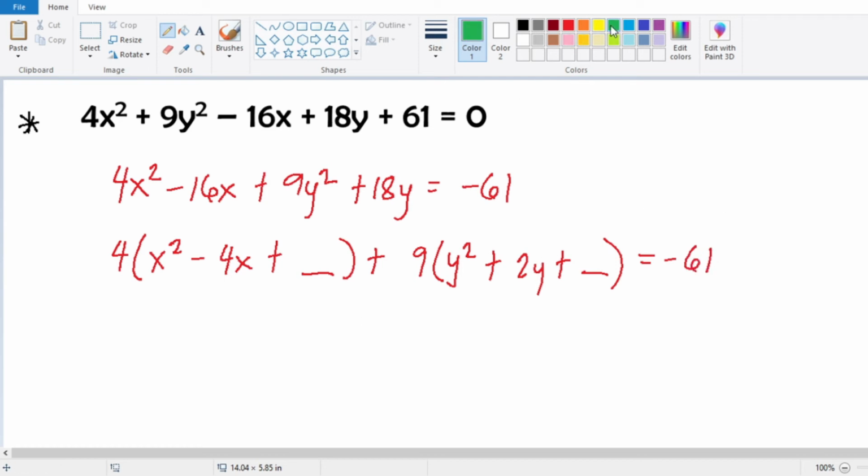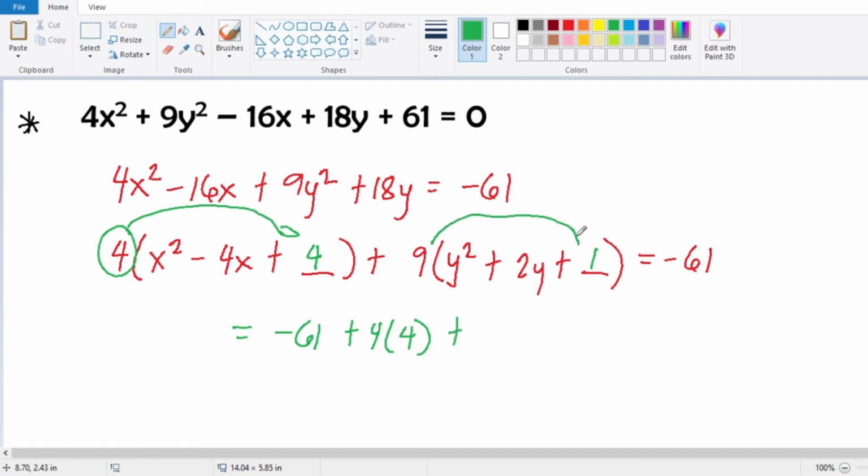Right? So, let's just focus our attention to the missing number. 4 ang missing number dito at ang missing number naman dito is 1. Right? Let's get now negative 61 plus 4 times 4. This one times that plus 9 times that times 1.